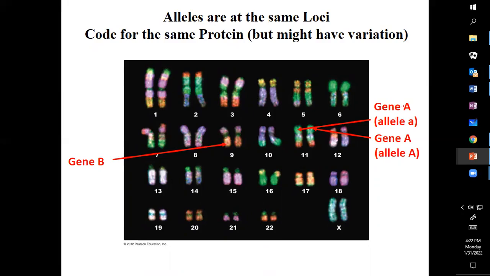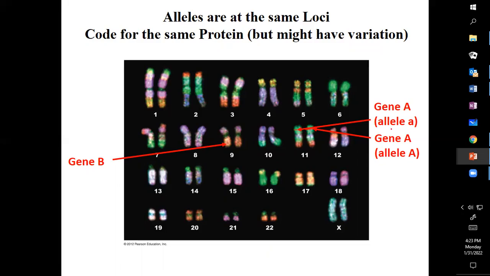So if we say gene A, for example, has a physical location, also called a locus, here on chromosome 11, you have 2 copies of those. That's Mendel's gene pairs. And if you're heterozygous, you would have 2 different versions of those genes.